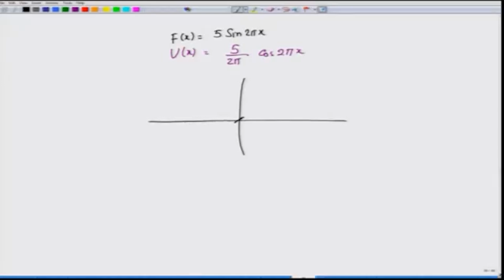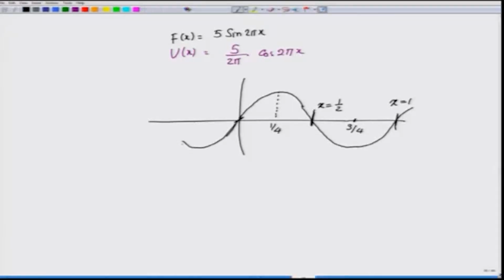Force is 0 at 0, goes up, comes down, becomes negative, and so on. This value is x equals 1, this is x equals half, this is x equals 1 by 4, this is 3 by 4. On the negative side also the same thing happens. This is negative here and then goes up and comes down.